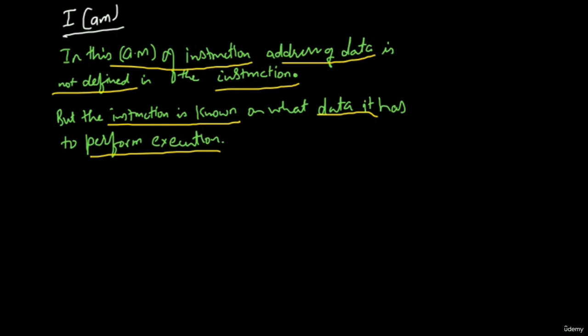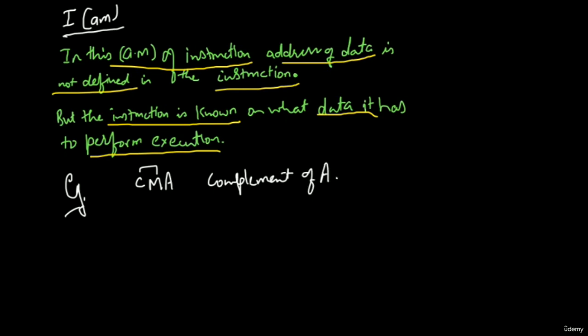So the example that I would like to present here is CMA. As you remember, this is complement of A. Well, what is it doing here? Let me explain.